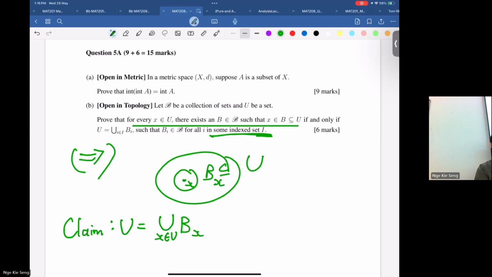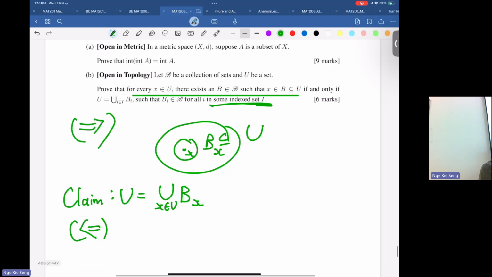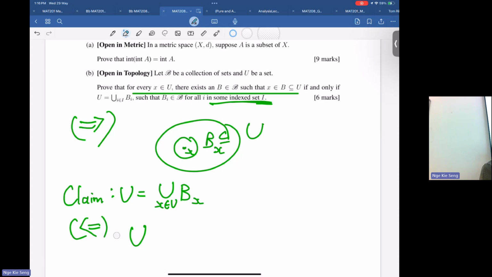How about the other direction? Suppose you can write U as a union of some index set. Is it true that for every x in U, there is some ball? Because if x is in here, x has to be in the union. What does it mean for x to be in the union?